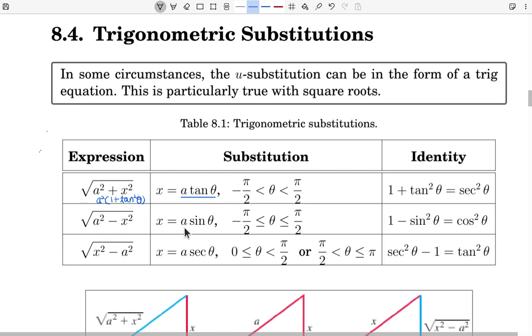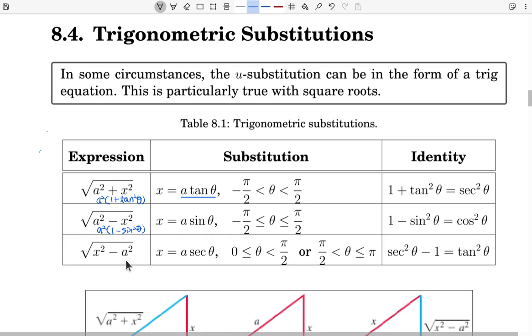With that substitution, inside the radical a squared is common, and 1 minus sine squared theta is cosine squared theta, and we can eliminate the radical. And of course, for invertibility, we choose theta from minus pi over 2 to pi over 2, where sine theta is an increasing, one-to-one function.